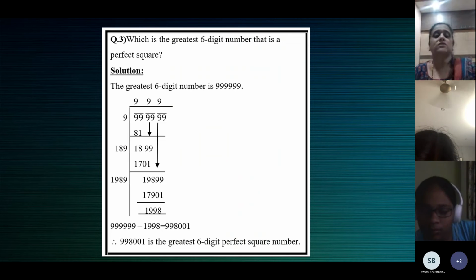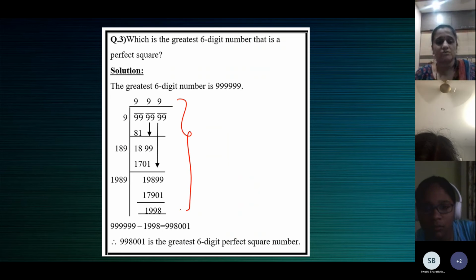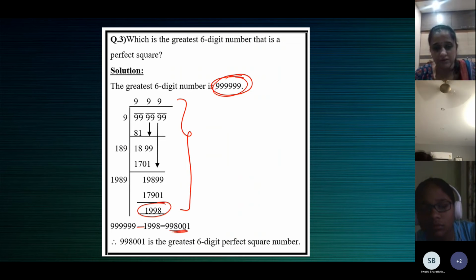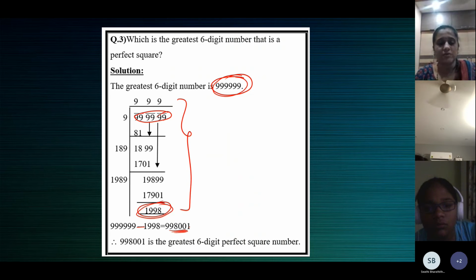Remember that. So here, to find the greatest 6-digit number, perform the long division like this. You get some remainder, right? Whatever number we have taken up, minus the remainder, you get a new number.